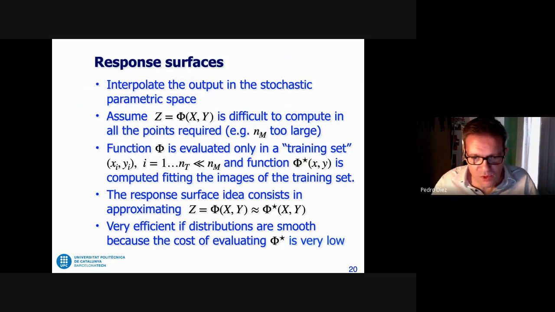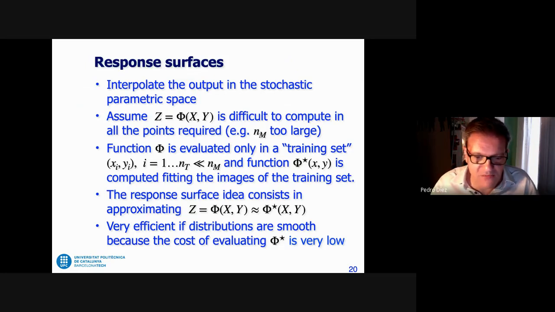Once you have built this phi star and you rely on it representing phi properly, so it's a good approximation of phi, then each time you want to generate a new Monte Carlo sample, it's extremely efficient and economical. You don't need to wait 1 day, you need to wait a fraction of a second.